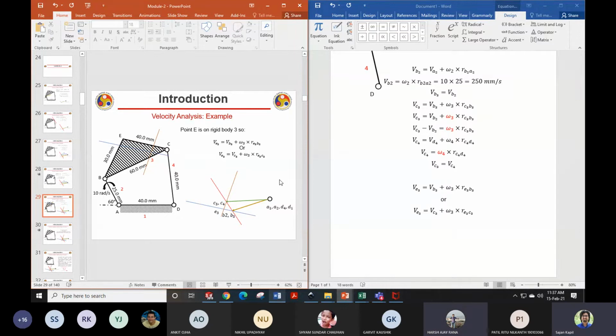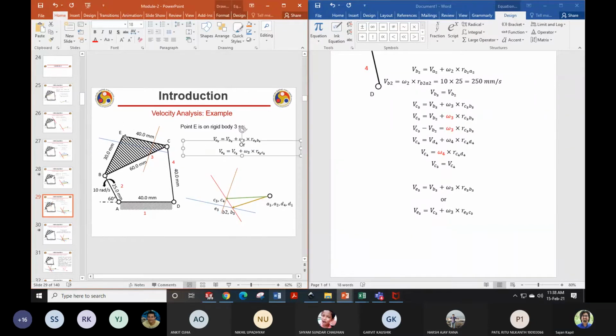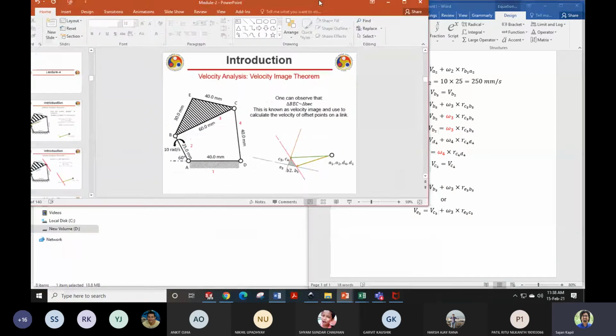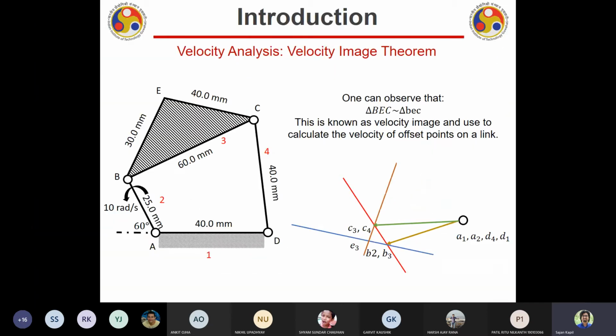Now, do you see any similarity in this triangle made here, E3, B3, C3, on the velocity diagram, and the triangle EBC on the position diagram? They both are similar triangles.